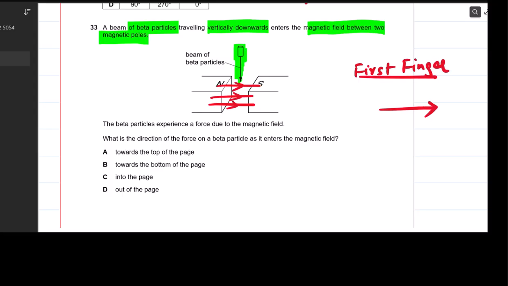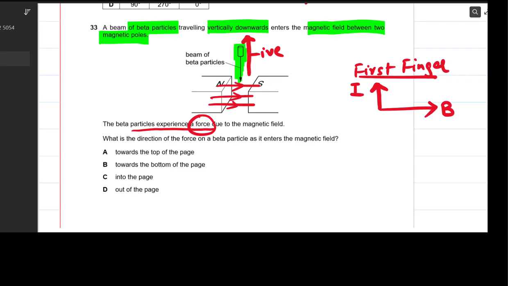Beam of beta particle is having negative charge, so it means current is going opposite to this. So current is going up. This is current and this is field. The beta particle experiences force.